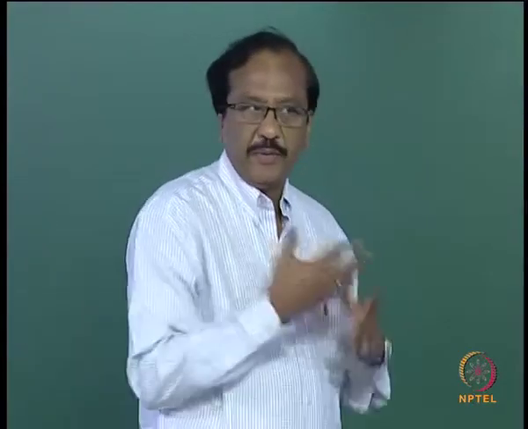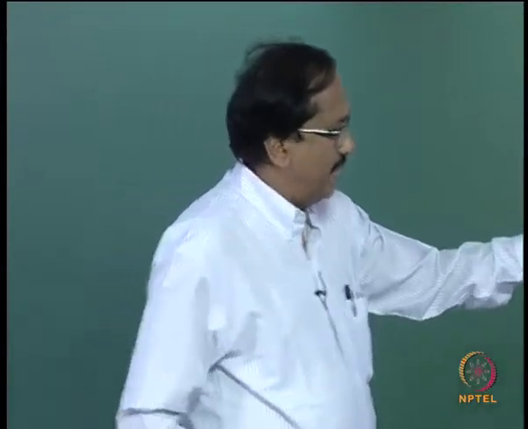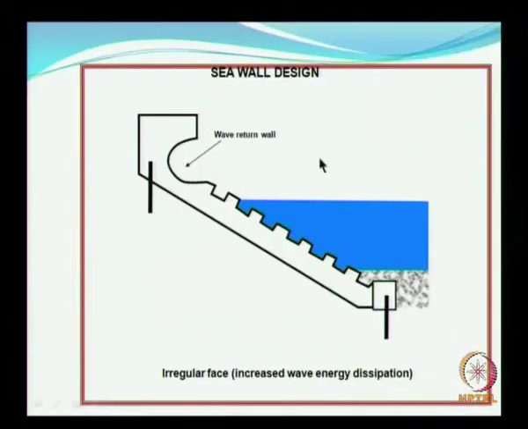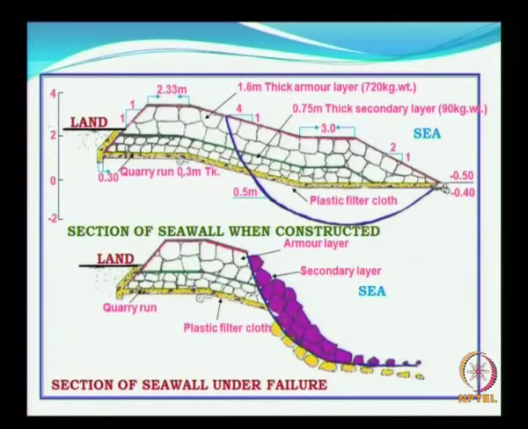A dented or serrated wall has projections, so that it will offer some amount of friction to the incident wave energy and reduce it before it strikes the curved wall. In this case, the entire energy will be reflected back into the ocean. That is the kind of concept they have in mind.